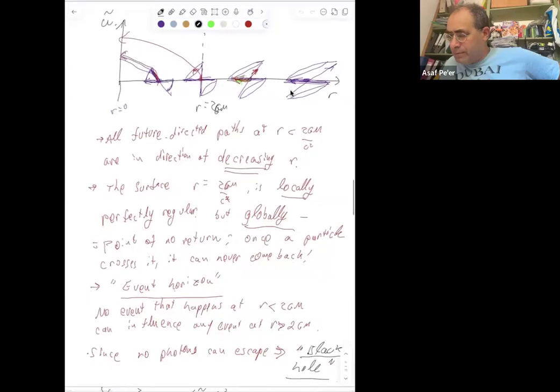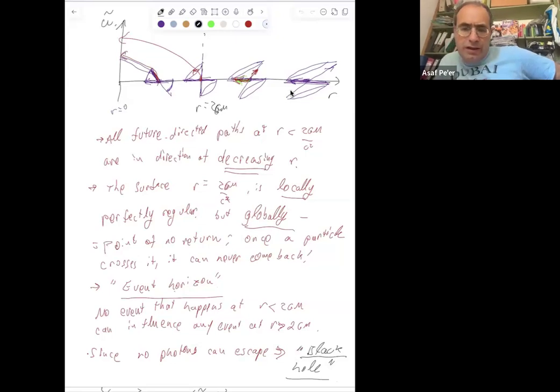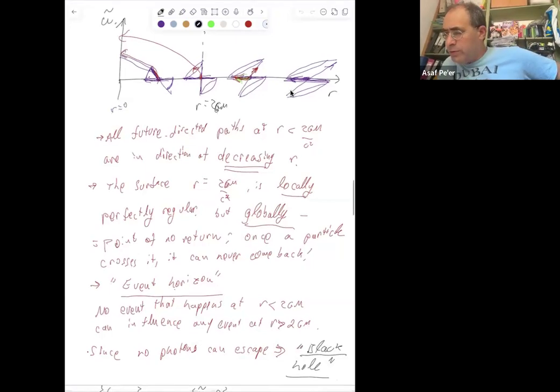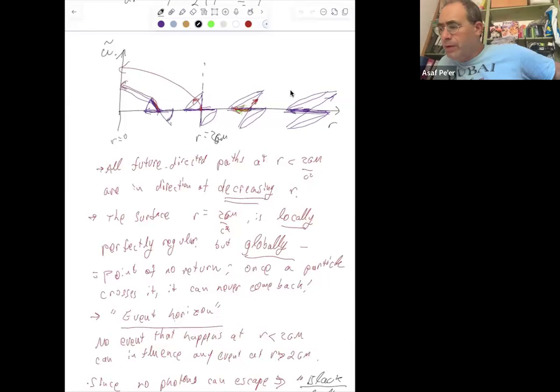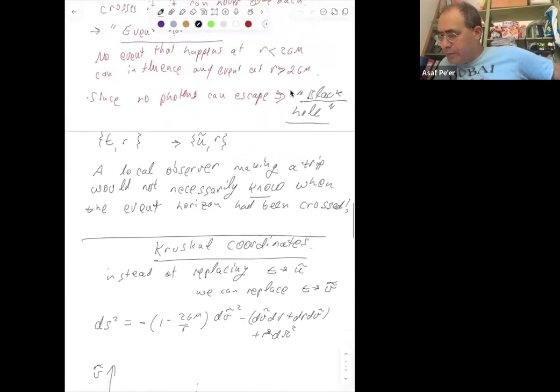And then we said, okay, that's why it's called the event horizon. So there could be some events happening there at r smaller than 2GM. Things could happen, but there is no way for us to know. But they're not going to take very long to happen because anyway, all the future directions will take you to the singularity at r equal to 0. So that's the origin of the name black hole, since light cannot escape.